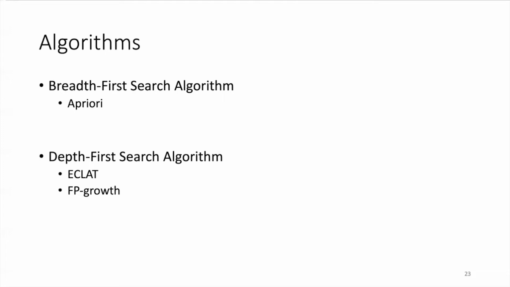The classic algorithm for breadth first search is the Apriori algorithm, whereas for depth first search, the examples are ECLAT and FP growth. In the interest of time, we are not discussing these algorithms in detail. If users are interested, I request them to go through the web.